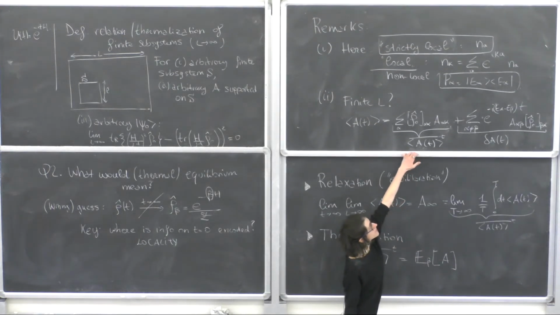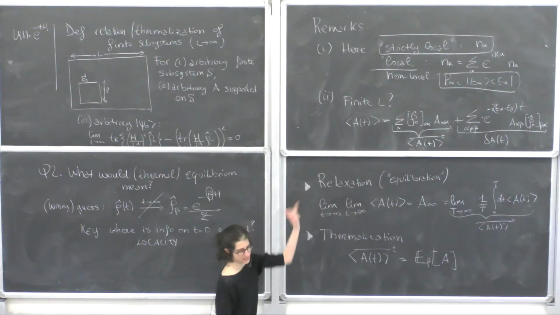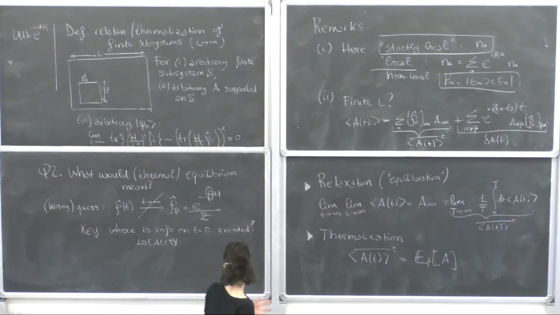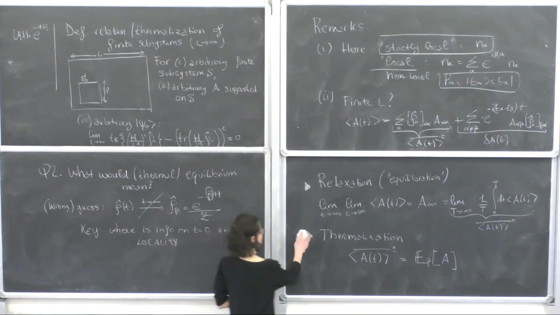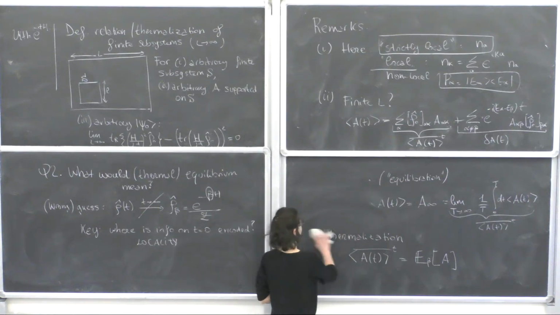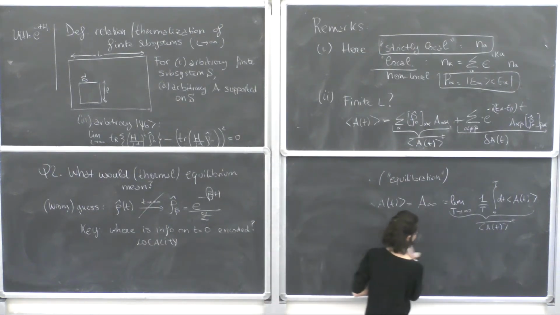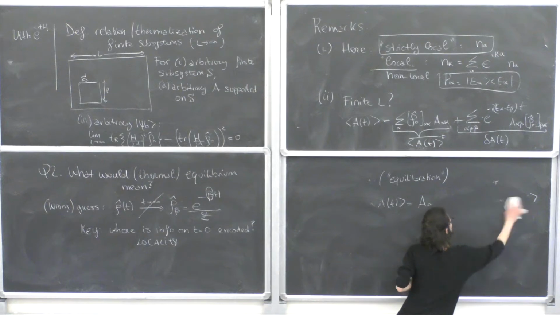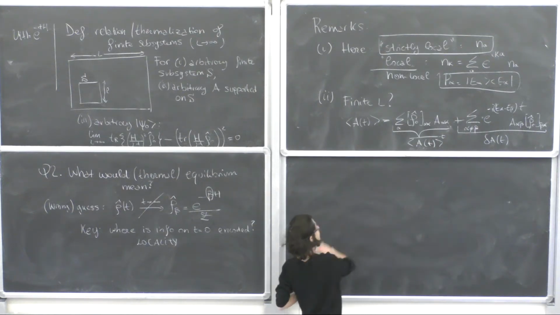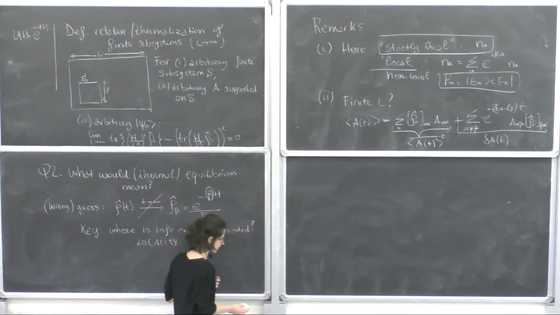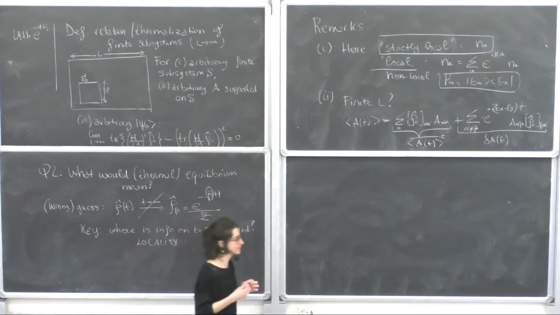The comment of yesterday is that, strictly speaking, this expectation value in a finite system is a function which is quasi-periodic in time, which means that if you wait long enough, your expectation value comes back arbitrarily close to the value that you had at time t equal to 0.